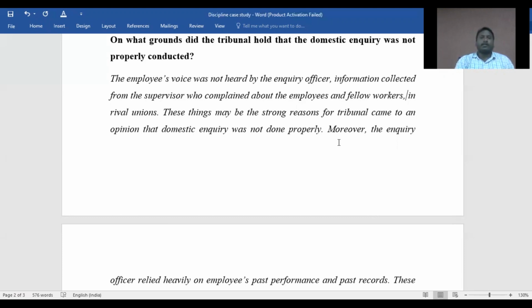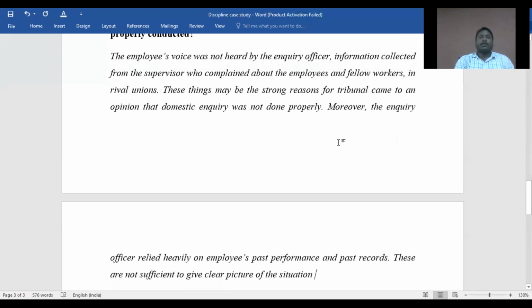These are only considered by the inquiry officer to identify whether he is proven guilty or not. So the tribunal might have felt that this information is not accurate and sufficient to take a decision about whether the employee has done wrong or not. So these are not sufficient to give a clear picture of the situation.